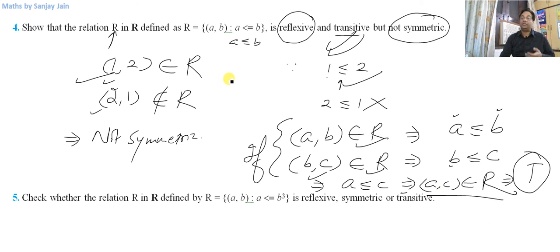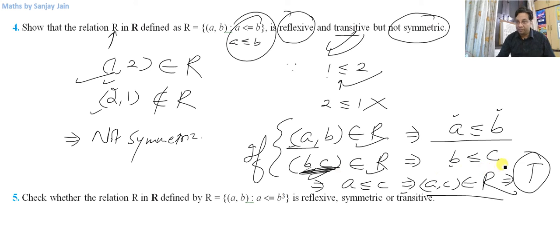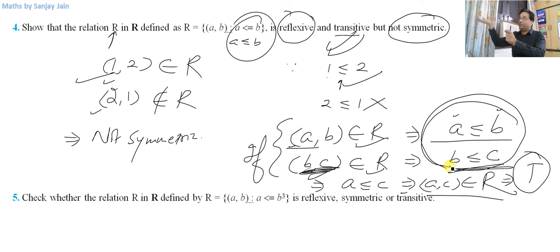How did I show that it is transitive? To show that it is transitive, I have to show it by a general rule. What is the general rule? The presence of (A, B) and (B, C) in this relation should imply the presence of (A, C). If (A, B) is present, that means A is less than or equal to B. If (B, C) is present, that means B is less than or equal to C. If these two order relations are true, then A should be less than or equal to C. This is very basic mathematics.